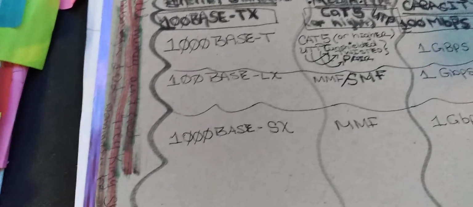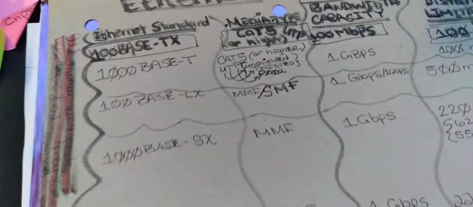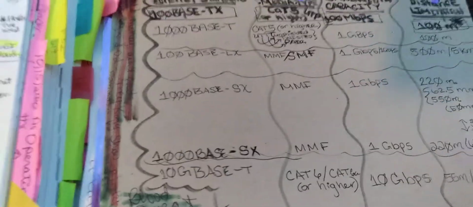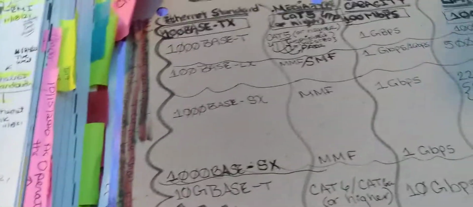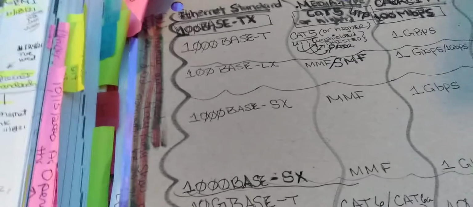So I would like to go on and read from CCNA, Volume 1, and it is again Wendell Odom. And like I said, we will be discussing distances as well as speed.